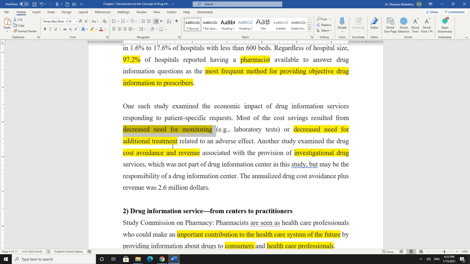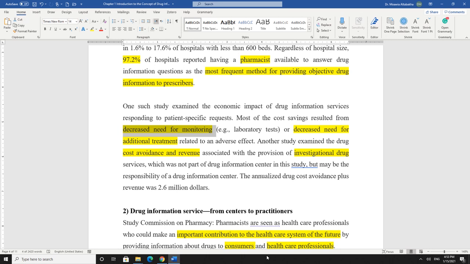But if I give him the right medication and he's benefiting from it, I will not need to do laboratory tests. Also, I will not have to give additional treatment because I already gave him the right medication. So I will not switch to another medication and start a trial and error. I will give this person the right medication.